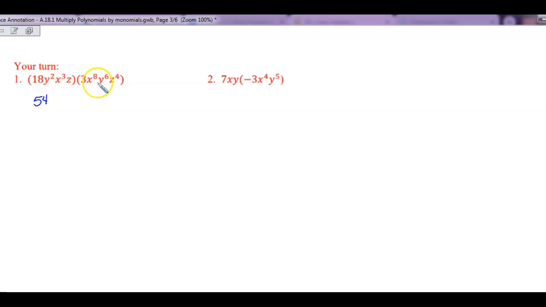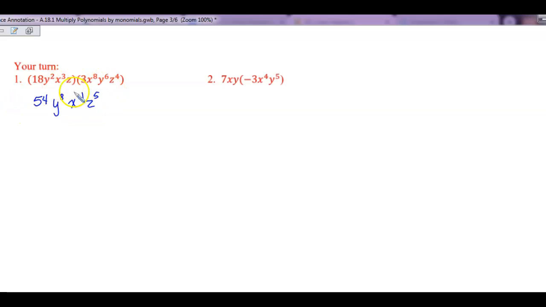Y squared and y to the 6th power is y to the 8th power. X to the 3rd power times x to the 8th power is x to the 3 plus 8, which is 11. And z times z to the 4th power is z to the 5th power.